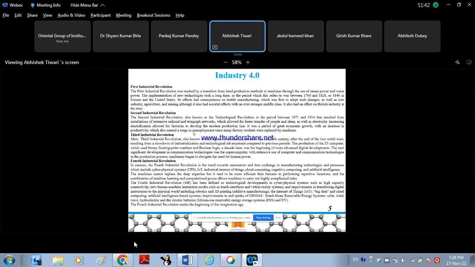The production of the Z1 computer, which used binary floating point numbers and Boolean logic, a decade later was the beginning of more advanced digital developments. The next significant development in communication technologies was the supercomputer, with extensive use of computer and communication technologies in the production process. Machinery began to abrogate the need of human power.